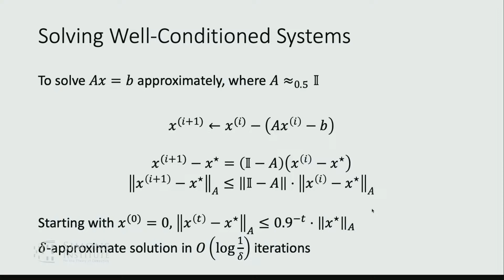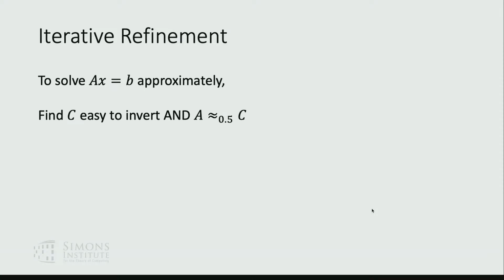Right. So this is a very simple algorithm that solves anything that is a small constant approximation to the identity. You can generalize this a little bit into what is called iterative refinement, which is as follows. If I want to solve a system Ax equals b, I can make it simpler by coming up with a C that satisfies two properties.